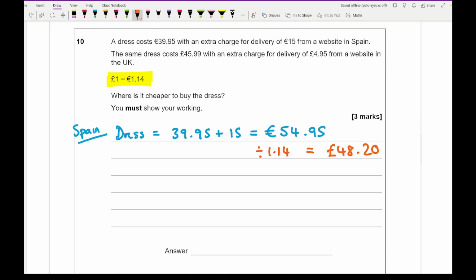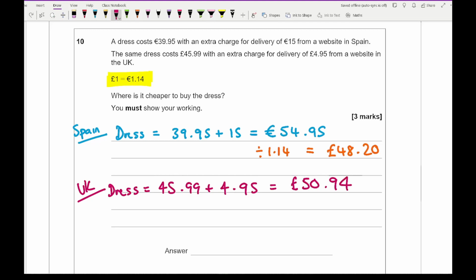Then if we look at the UK price, the dress costs £49.99 plus £4.95, and that comes up to a total of £50.94. So then all that's left for us to do is state which one's cheaper. Well, it's going to be Spain.